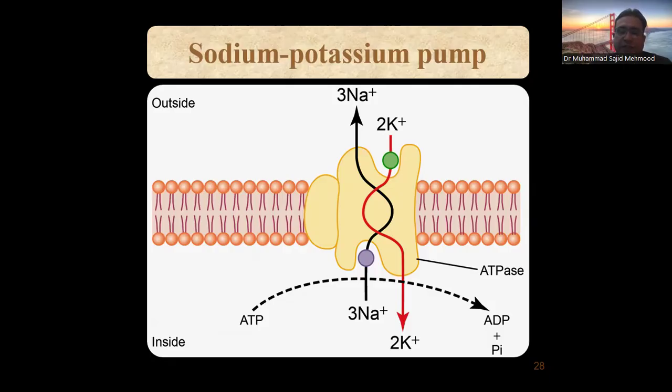So whenever three sodium and two potassium ion bind with this carrier protein, there is a conformational change taking place, and ATPase enzyme will be activated, and ATP is degraded to ADP and phosphate, and energy is released, and sodium is moved uphill against the concentration gradient from inside the cell to the outside, and potassium is moved against the concentration gradient from outside the cell or from the extracellular fluid to the intracellular fluid.